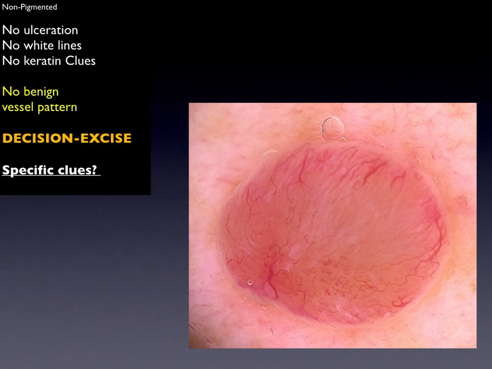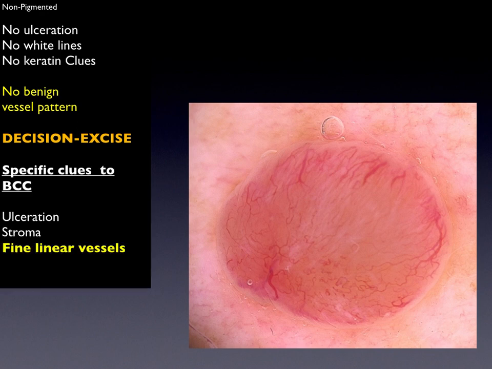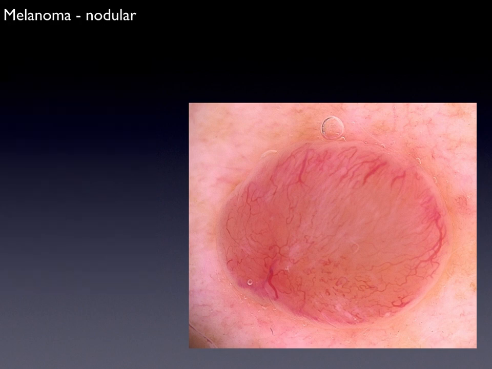So we make the decision to excise the lesion, we look for clues to a specific diagnosis, and there are fine linear vessels. We make the provisional diagnosis of basal cell carcinoma, we excise the lesion, it is a nodular melanoma. Again, it did not matter that we made the incorrect provisional diagnosis, because we made the decision to excise the lesion based on prediction without pigment.